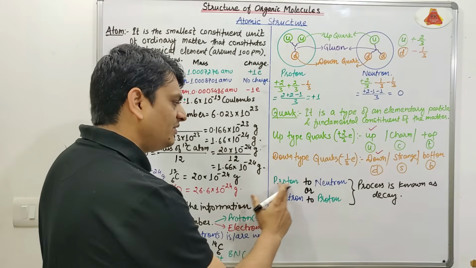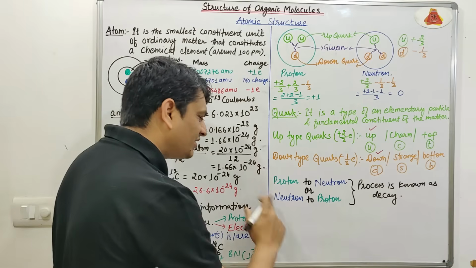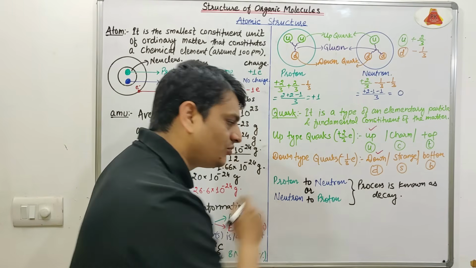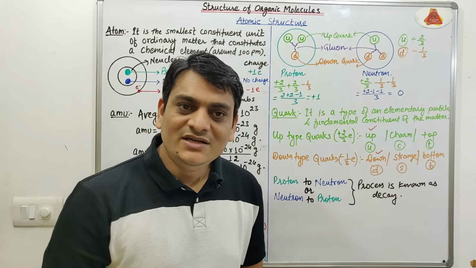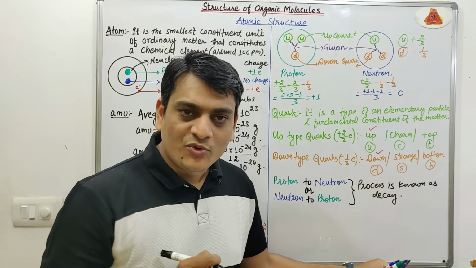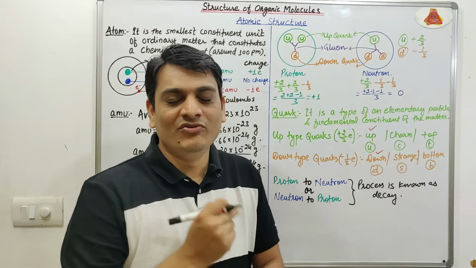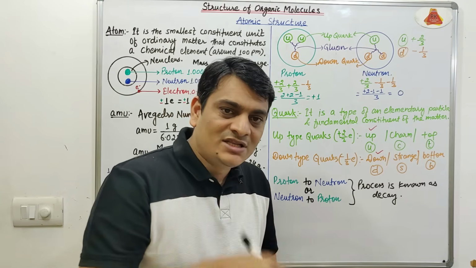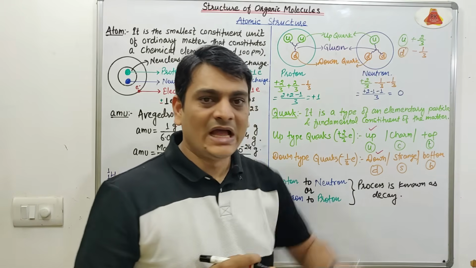I have already discussed the details of this decay process in my previous videos on nuclear medicine. The link to those videos or playlist is given in the description as well as here in the i button.